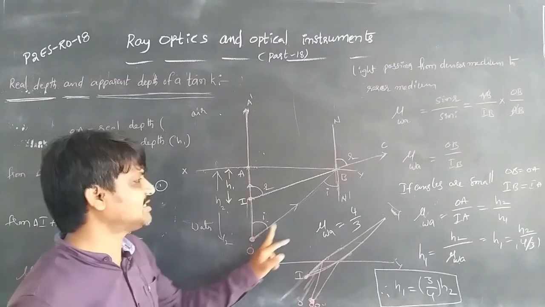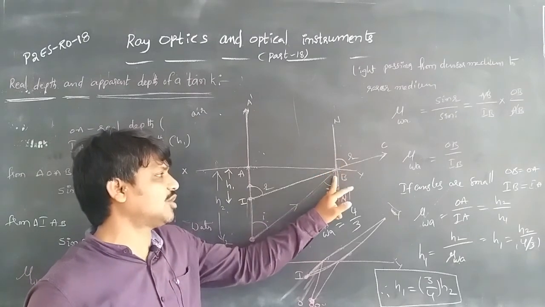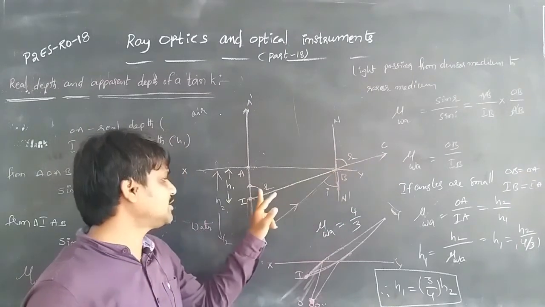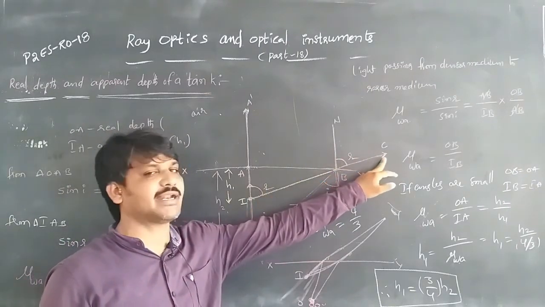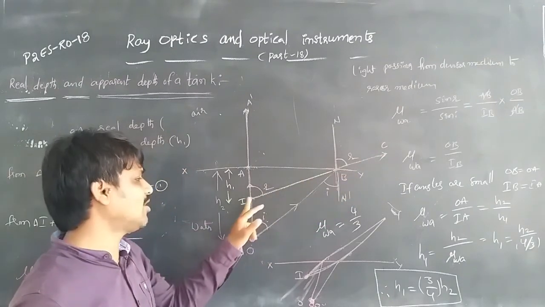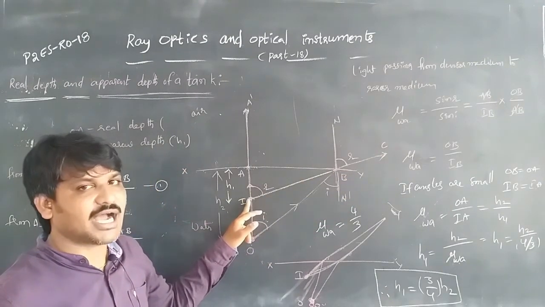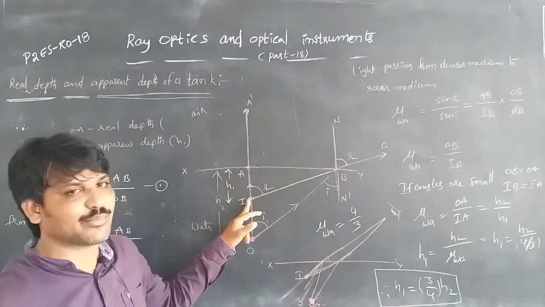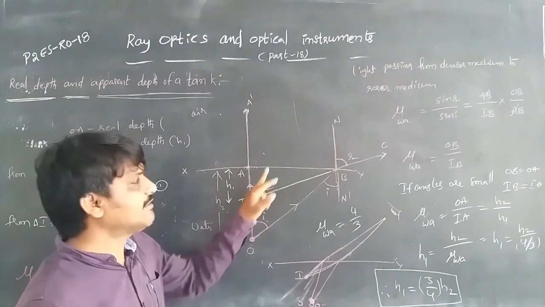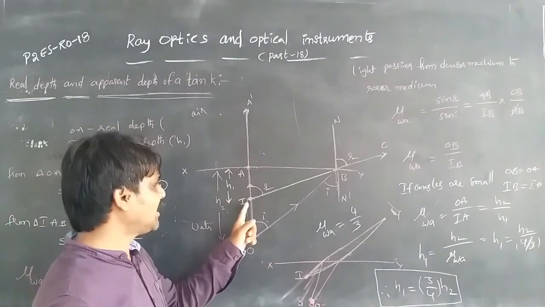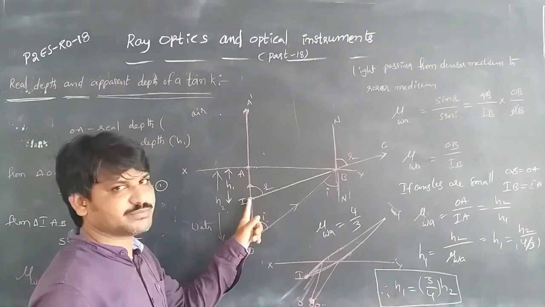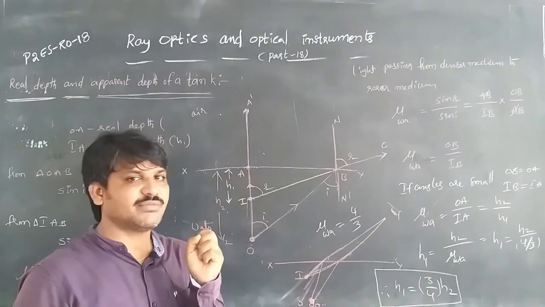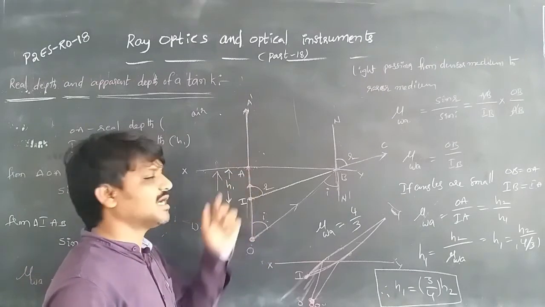Another ray is incident at point B, deviated from the normal, and moves along the direction BC with the refracted angle R. When the BC ray is drawn back, it meets at point I. That is the virtual image formed at point I, which appears to the human eye when we see from the surface of the water. Then IA is the apparent depth, the depth at which we see the virtual image, and OA is the real depth.